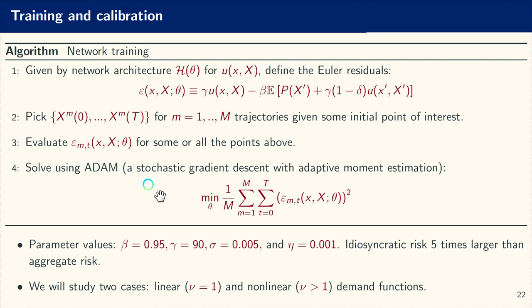A couple of ideas about this minimization. This is, as I was mentioning before, a very highly dimensional minimization problem, but thankfully we have very good algorithms to solve it. In particular, we have, for our case, Adam, which is just a stochastic gradient descent with adaptive moment estimation.